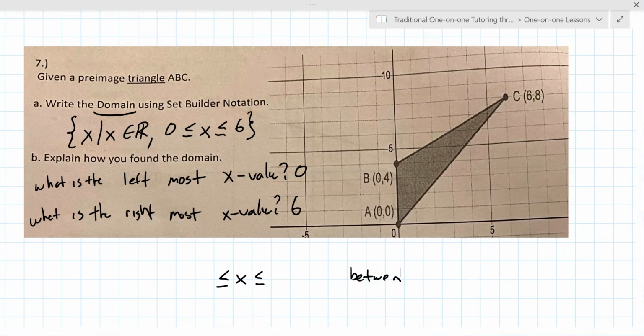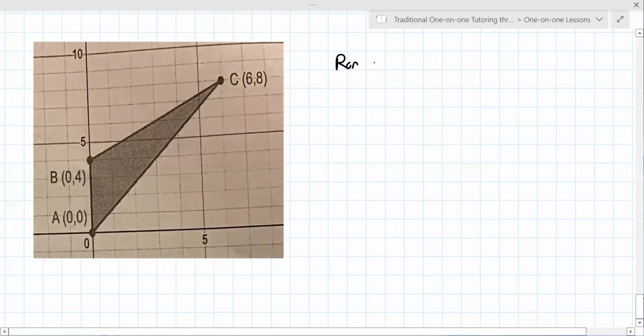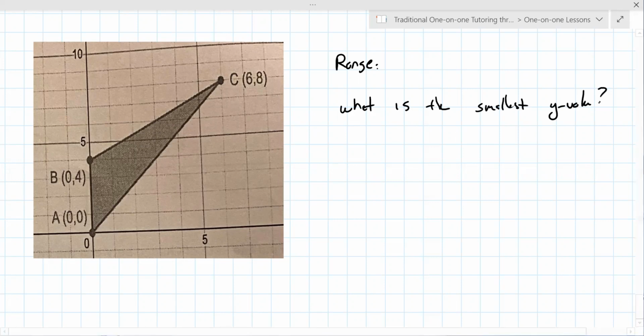Now let me grab this picture again, and then let's do this for the range. For the range, it's the same questions, but slightly different wording. What is the smallest y value? 4.